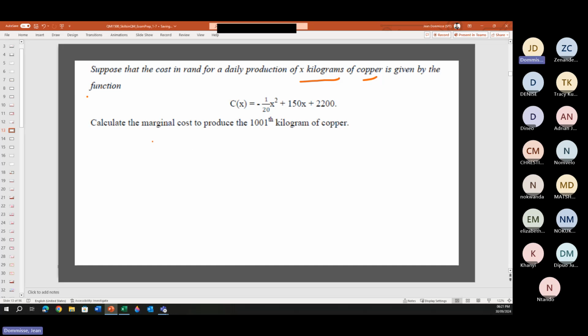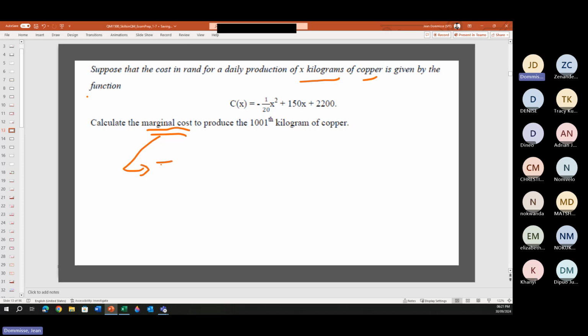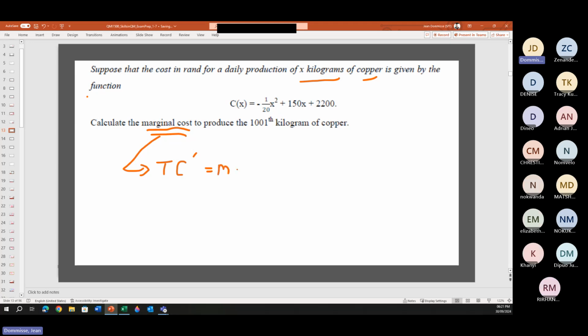Okay, so basically what we will need to work out first is what is the marginal cost function. And the marginal cost function is when we look at total cost and we differentiate that, we will get our marginal cost. So let's swap those two around.